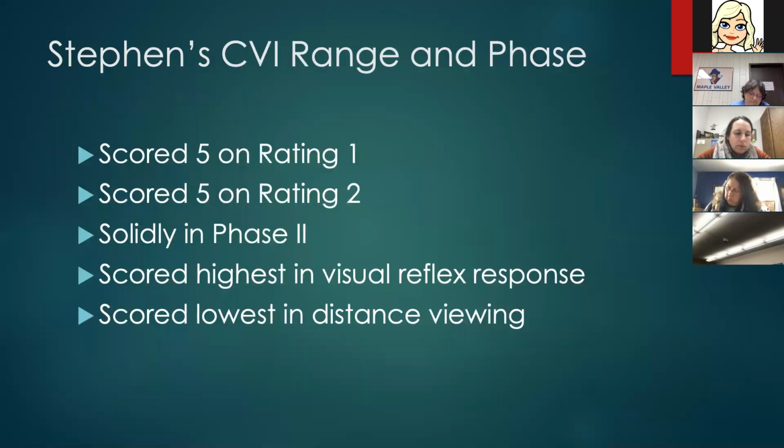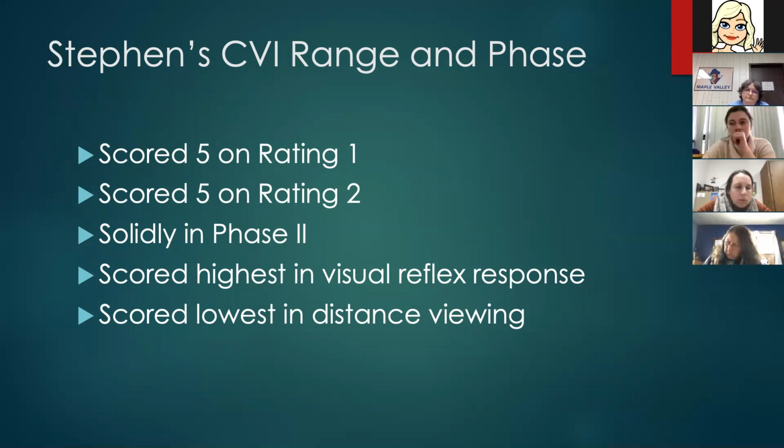So when Stephen was assessed, he scored a 5 on rating 1, and that means he's starting to use his vision functionally. He's not only identifying and recognizing things, he's starting to know what things are being used for. He also scored a 5 on rating 2.